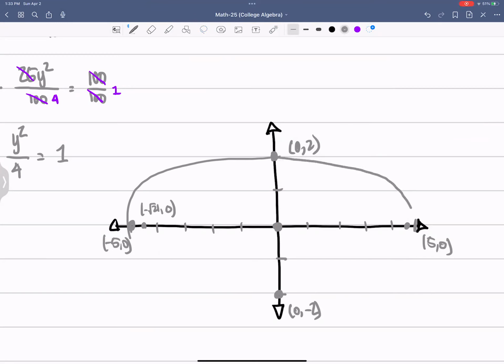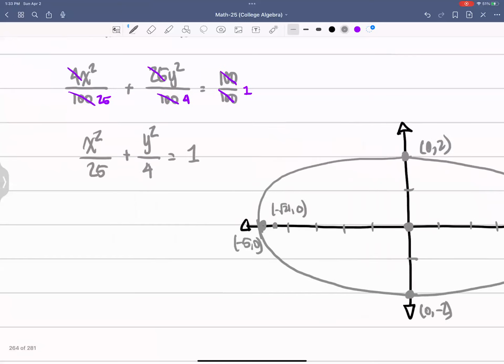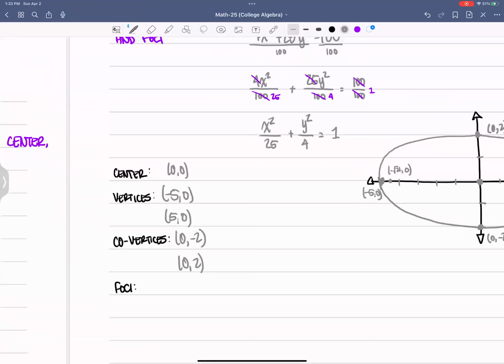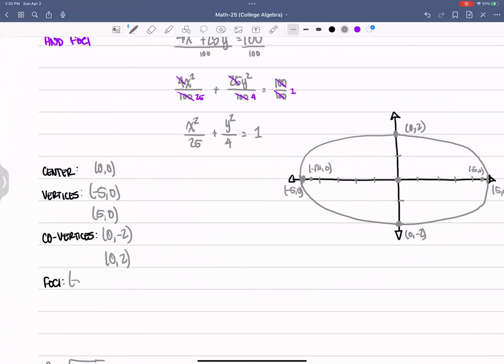It should be coming off of here. Much better. Over here, we added in the x direction root 21 units, so this is root 21 comma 0. So that's what our foci are: negative root 21 comma 0 and positive root 21 comma 0.